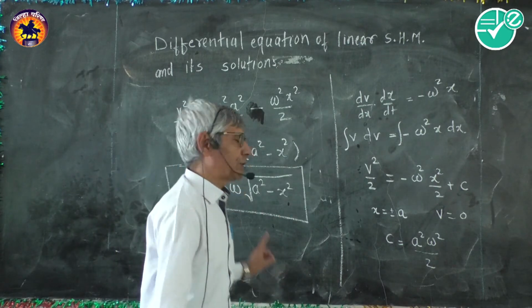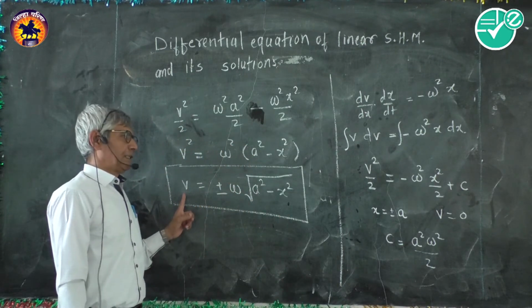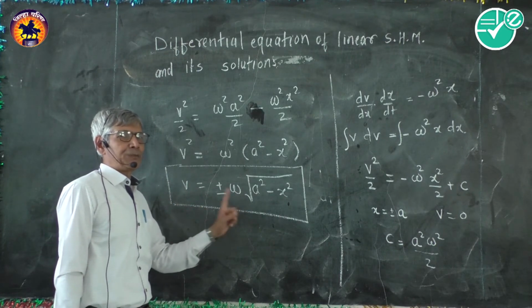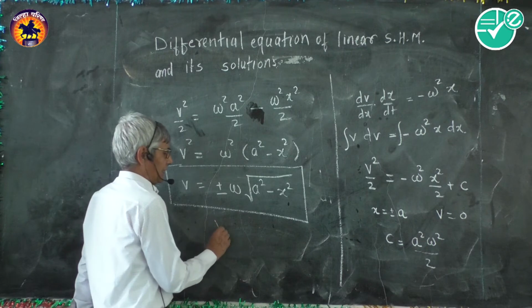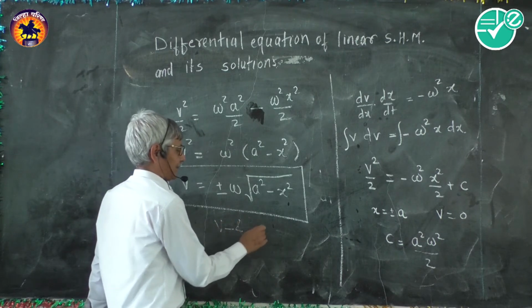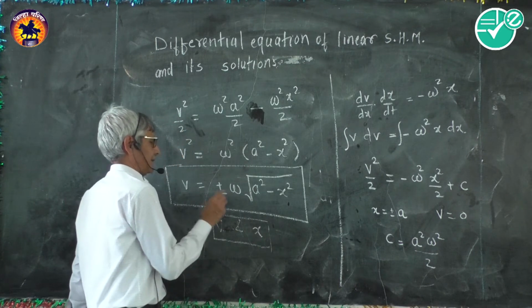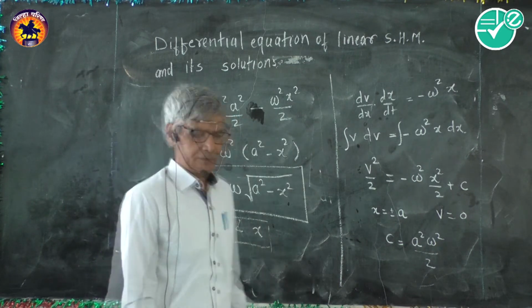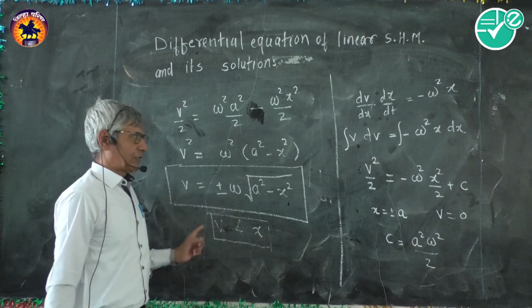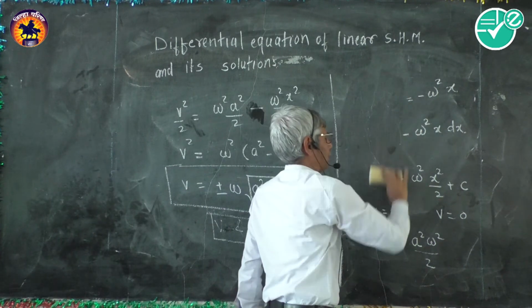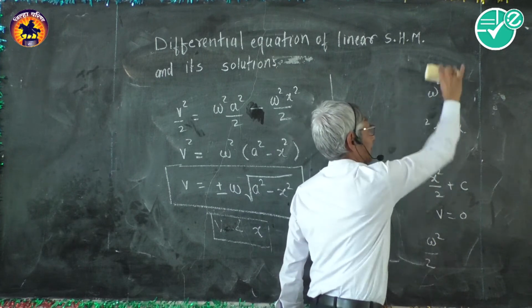So this is the velocity equation in terms of displacement, or it is a displacement dependent expression for the velocity. That is, it is a relation between v and x. This equation for the velocity can also be integrated to obtain the second equation.